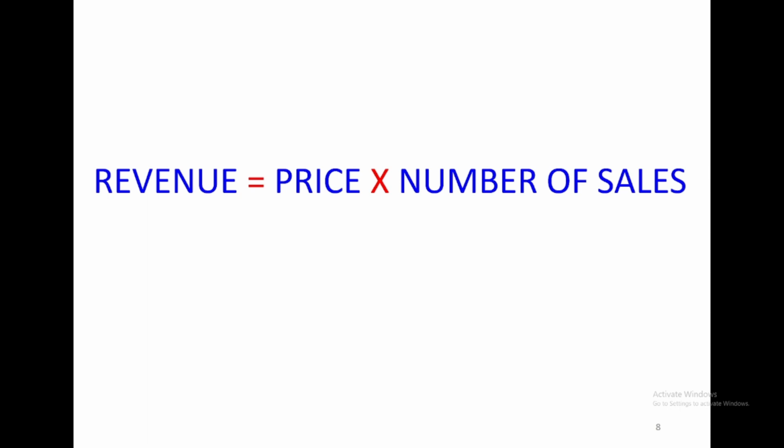Let's remind ourselves there is a very simple calculation of revenue, right? You should never forget this formula because otherwise, when you come up with a sales strategy, marketing strategy, F&B promotion planning, everything goes wrong. We have to stick to this. Revenue equals price times number of sales.